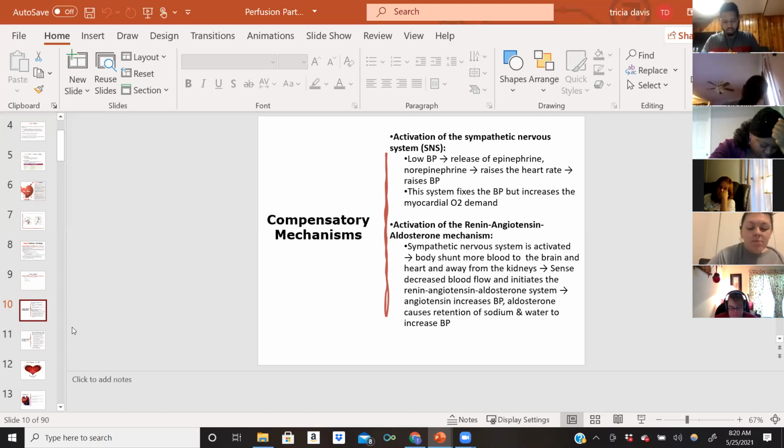When the body recognizes a low blood pressure because our heart is not pumping effectively, it's going to release epinephrine or norepinephrine, or both together. That's going to stimulate a rise in the heart rate, which is going to pump out more blood, and it's going to raise the blood pressure. This system fixes the blood pressure, but increases the myocardial oxygen demand.